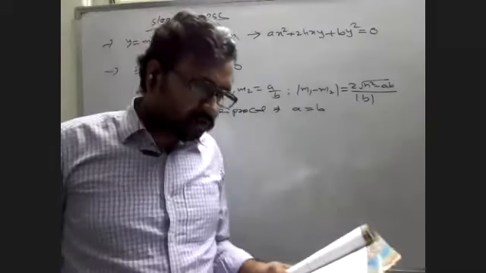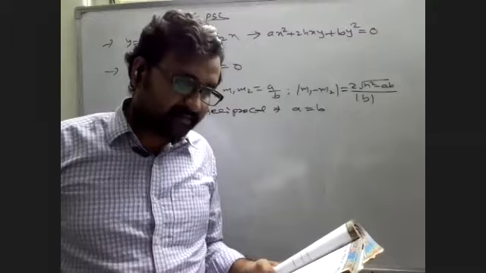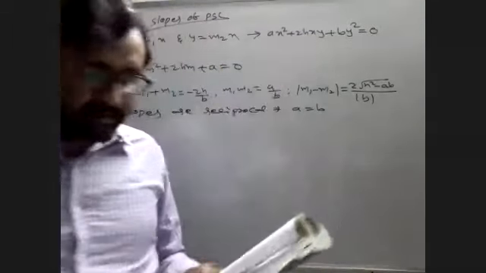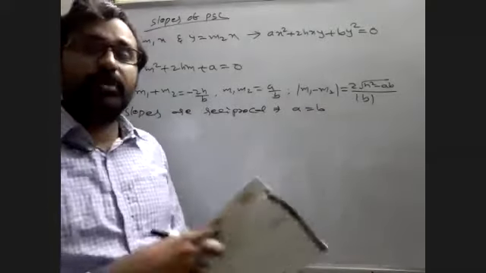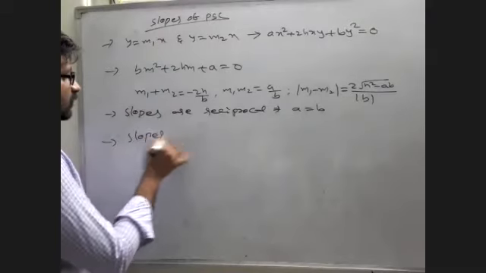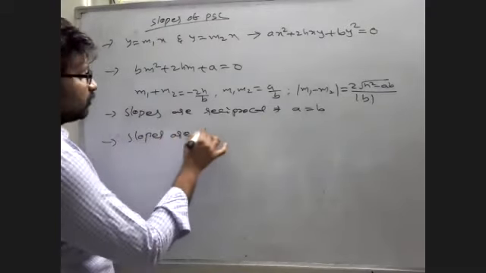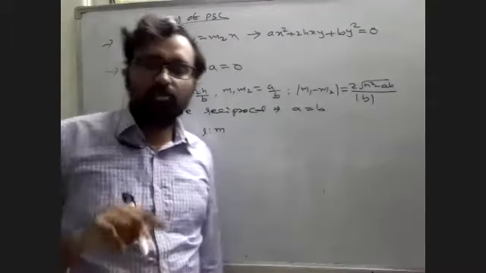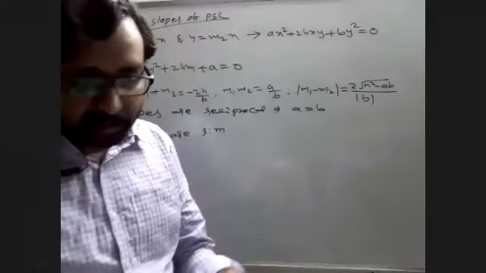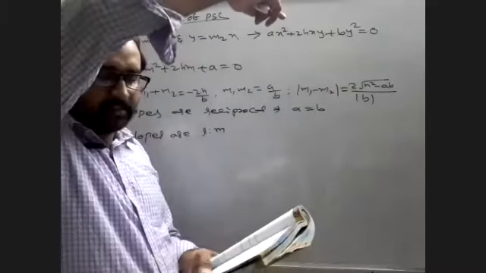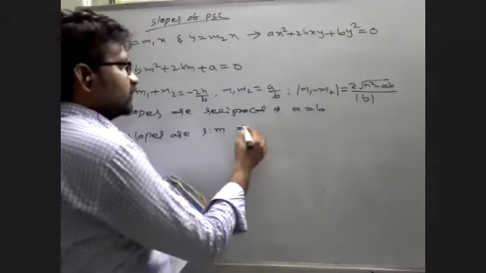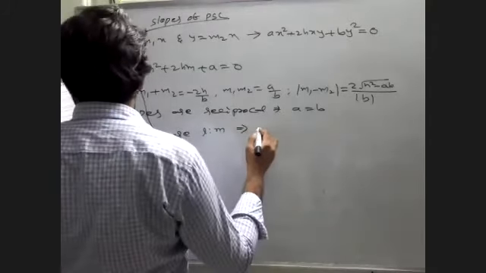And next, if the slopes of two intersecting lines represented by this pair of lines are in the ratio L is to M, for example slope 1 is 2 and slope 2 is 3, then 2 is to 3, that is like L is to M. If the slopes of the pair of lines represented by this equation are in the ratio L is to M, then what is the condition?